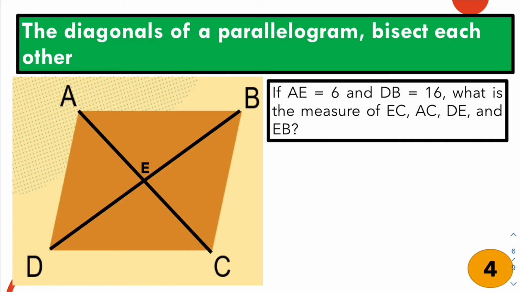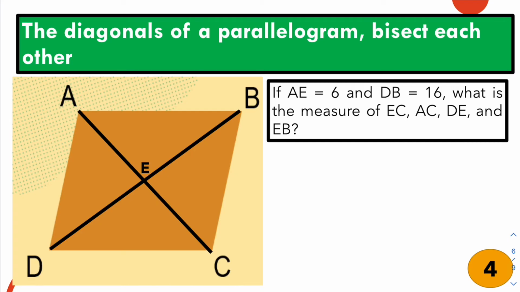If AE is equal to 6 and DB is equal to 16, what is the measure of EC, AC, and DE, and also EB? Let us go back to our properties. Okay, again, what is AC?